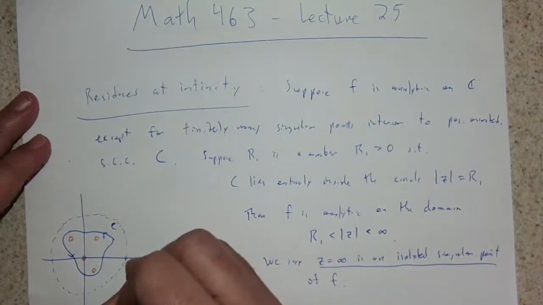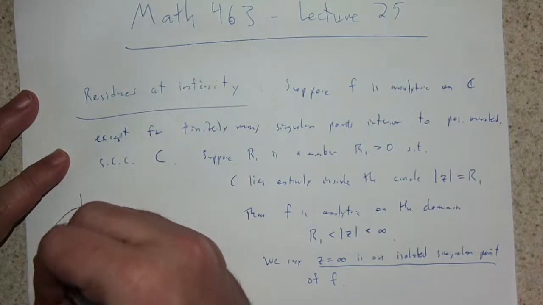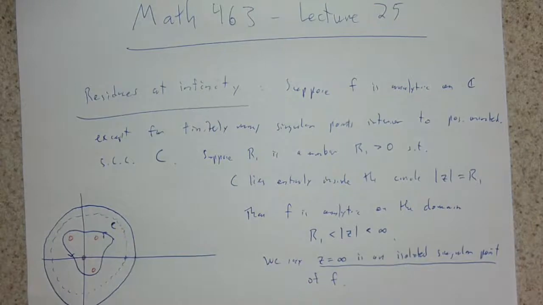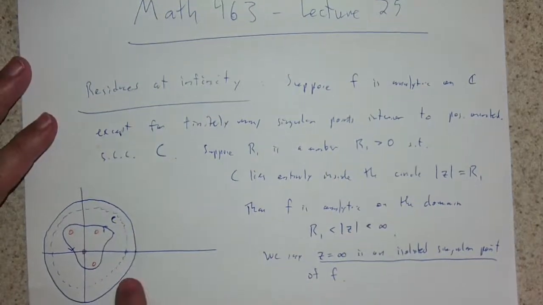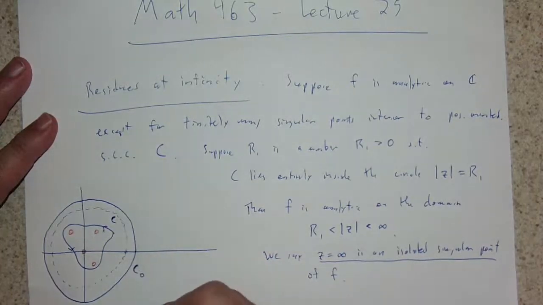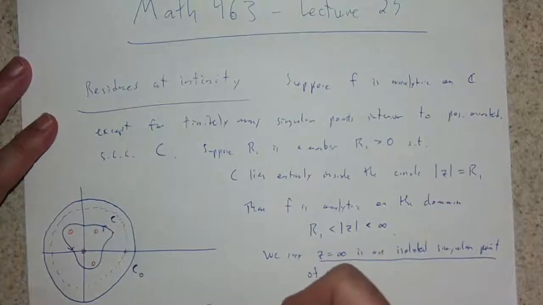Here I'm going to draw it as a solid curve. Let's call this C naught, and we'll say that C naught is the circle where the modulus of z is equal to some r naught, and r naught is clearly greater than r sub 1.